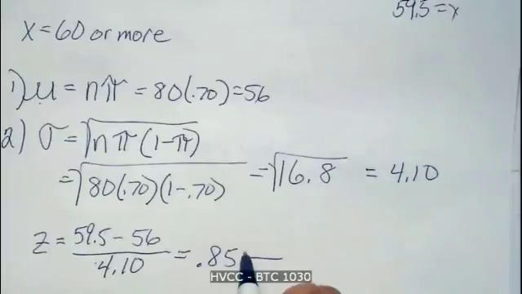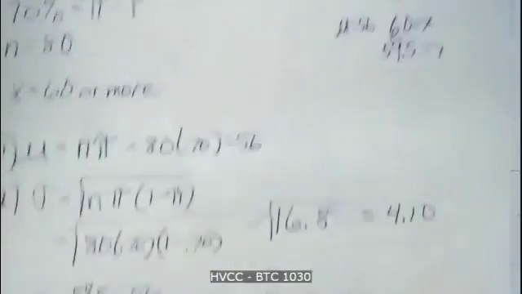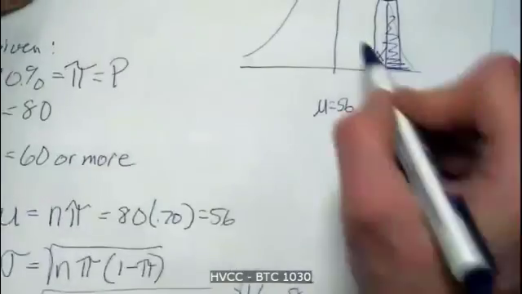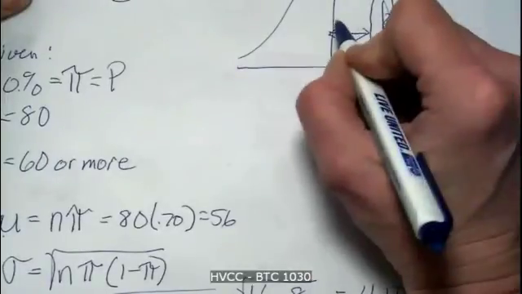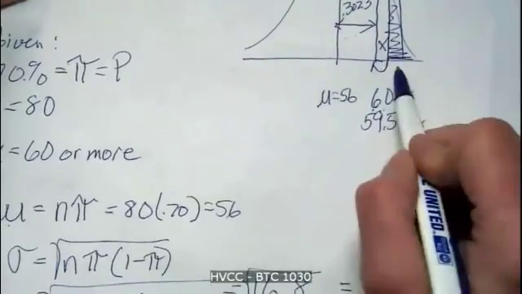We look it up in the table, and we get 0.3023. Well, where is that probability again? Remember, it's between 59.5 and 56. It's right here, 0.3023. That's not what we want. We want the tail.